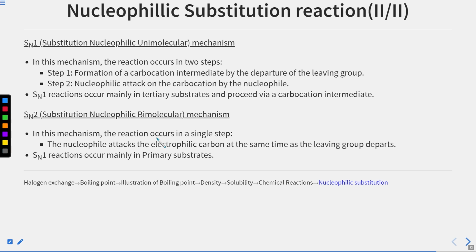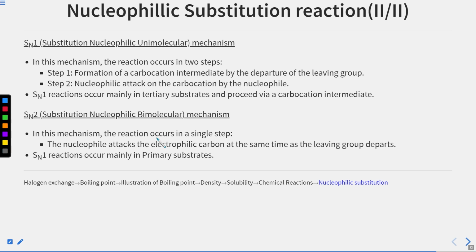If you want to remember, remember it like this: SN1 would give two steps and SN2 would give one step. Just opposite of each other. Did you get my point? SN1 will give reaction in two steps and SN2 will give reaction in one step. As simple as that.